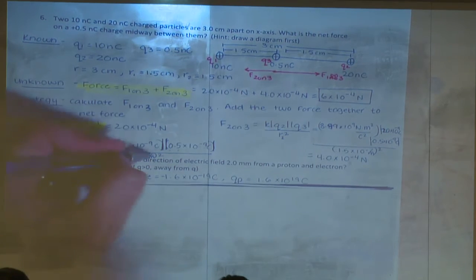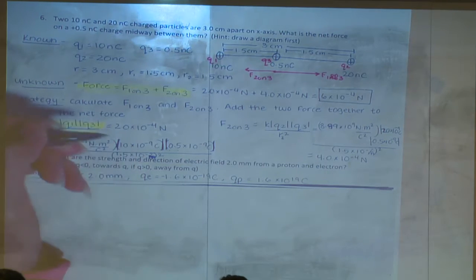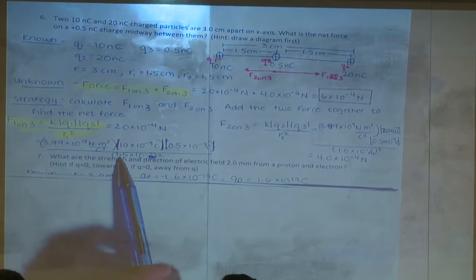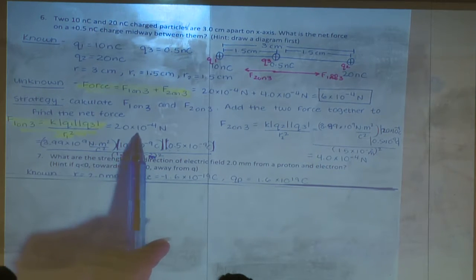So that gives you 2.0 times 10 to the negative 4 newtons.